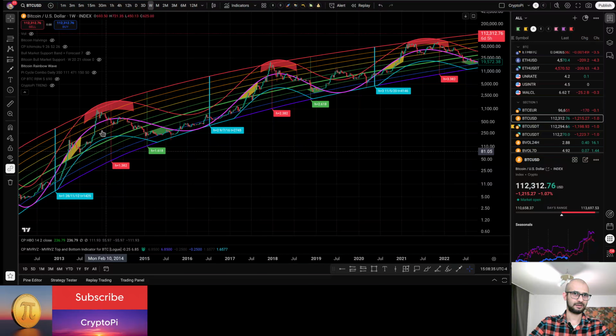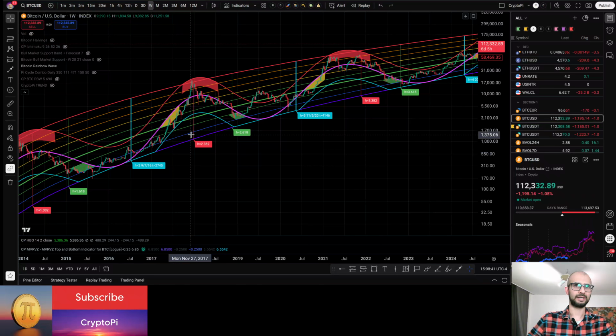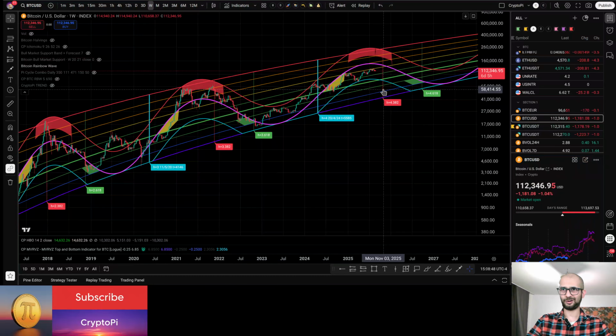In 2014, price crossed, and we had quite a long bear market. In 2017, the same thing happened. Then 2021, and we are nearing for this cycle to the H line, and we have still not reached the red zone.